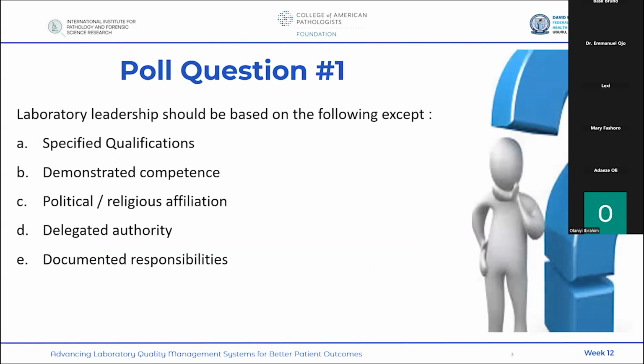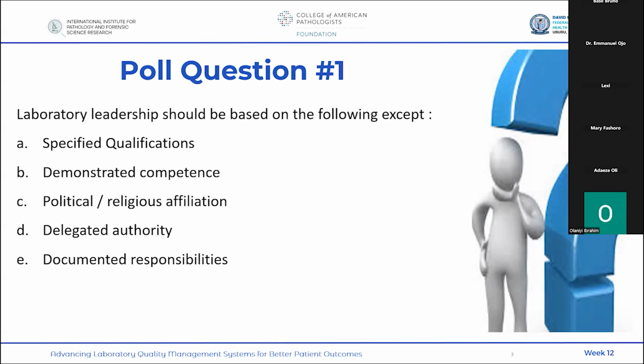So before we move on, as is the practice, we'll be having some poll questions. Can I ask that the poll questions be launched, please? Okay, so we have poll question one, talking about laboratory leadership. It says it should be based on the following, except.